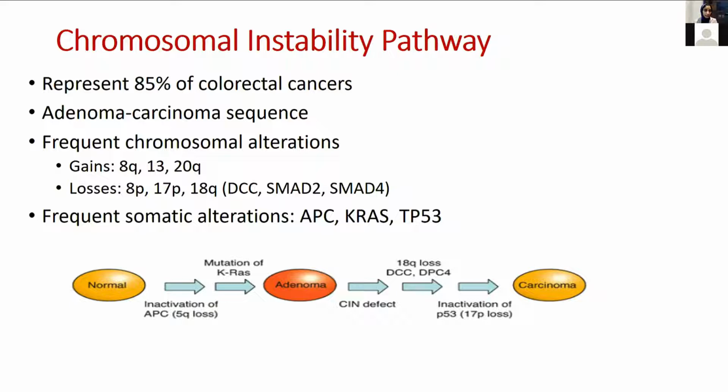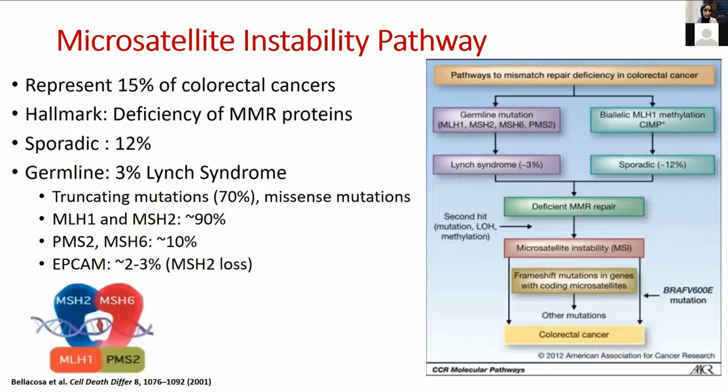Those aberrations are added in an additive fashion, although not invariably, but it has been thought that APC loss is one of the initial events, and TP53 inactivation is a late event before invasive carcinoma.